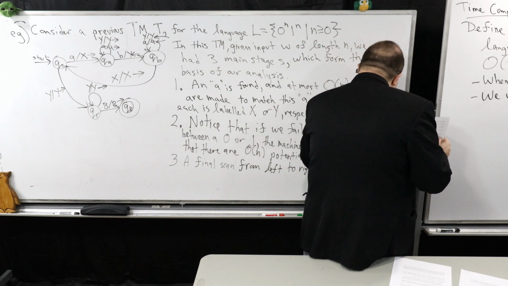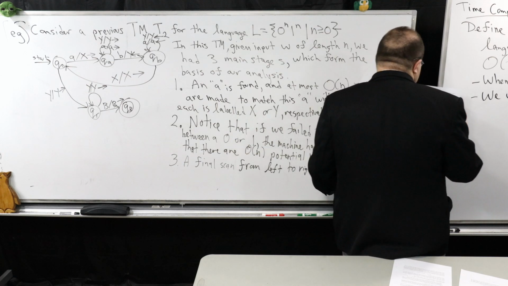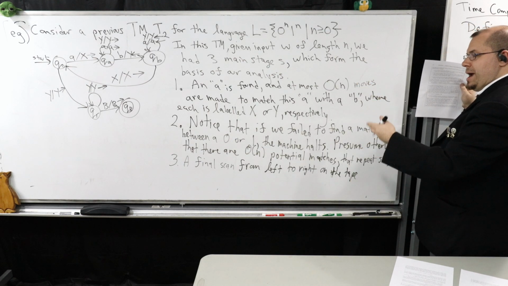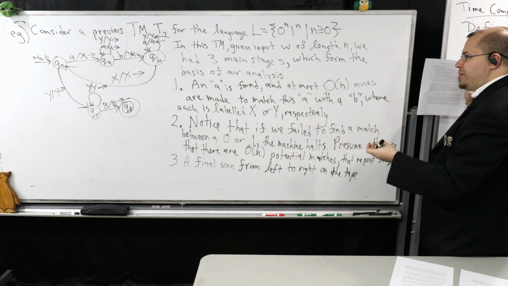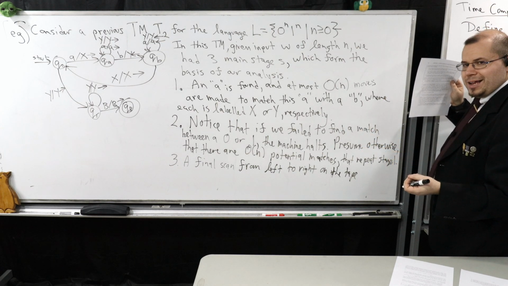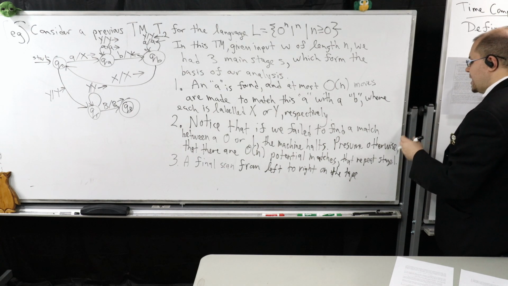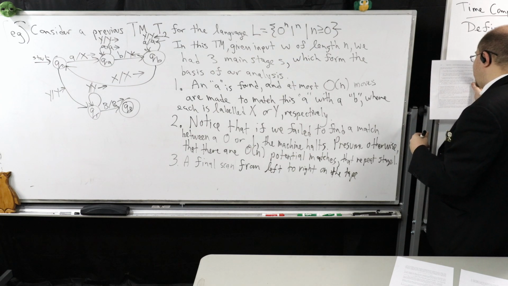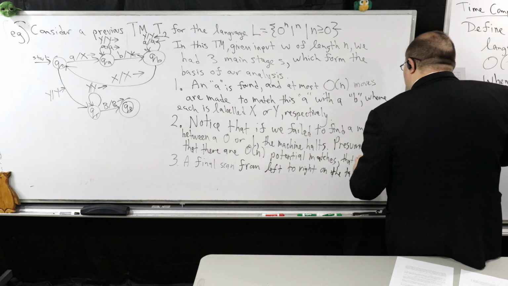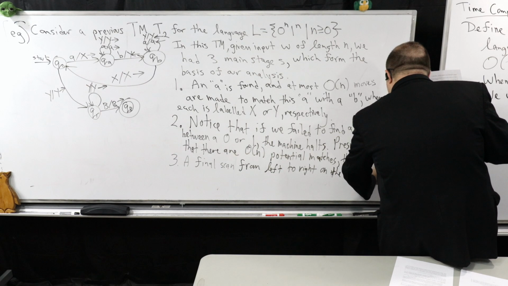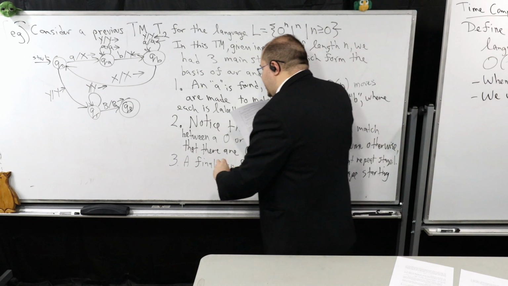And to be a bit more precise, I won't write this explicitly, but remember, this will land us not on an A anymore, but right on where there's a Y, and then it sweeps from the Y all the way to the right to the blank, right? So we go left to right on the tape, starting at the right of an X.